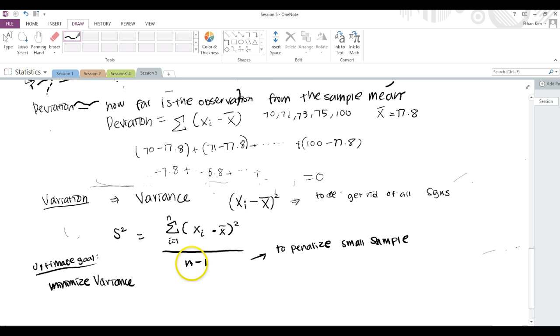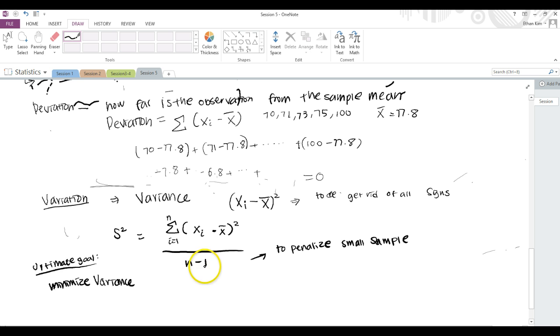But if you have a small number, something like 3, that's going to make this less small, thus bigger. So this is the case for variance: if you have a small sample, we're going to have a bigger variance.